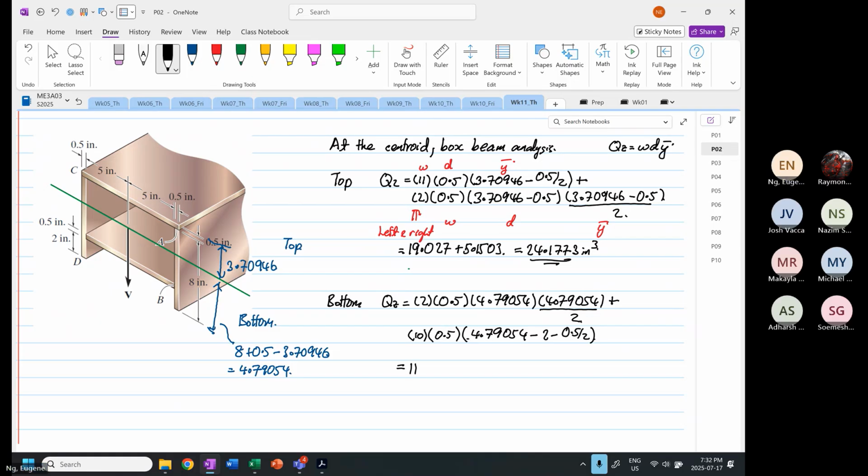11.4746. Okay, and then plus, let me do it again, 2 times also 0.5. 11.4746. So 4.79054 minus 2 minus 0.5 divided by 2 times by 0.5 times by 10 is equal to 12.7027.